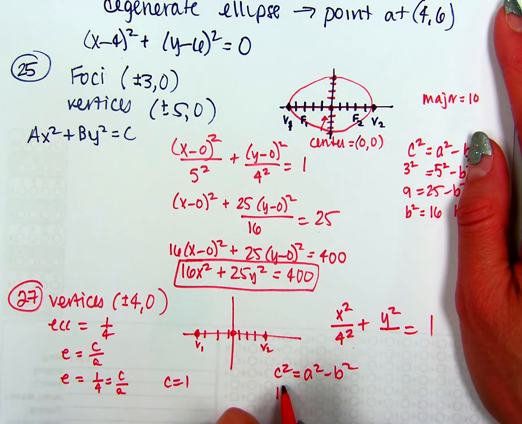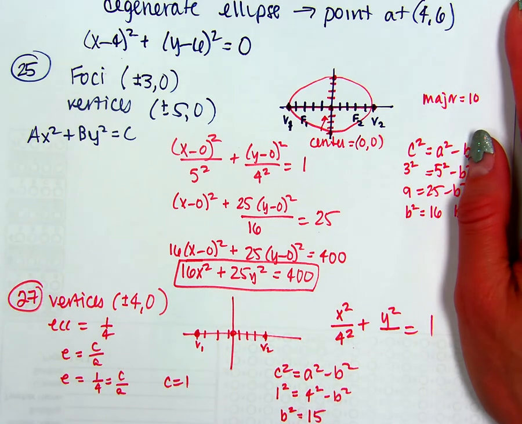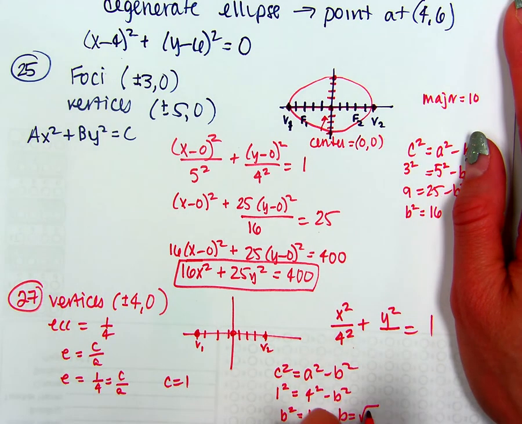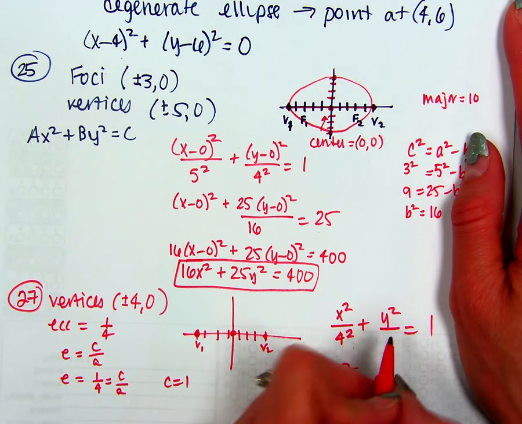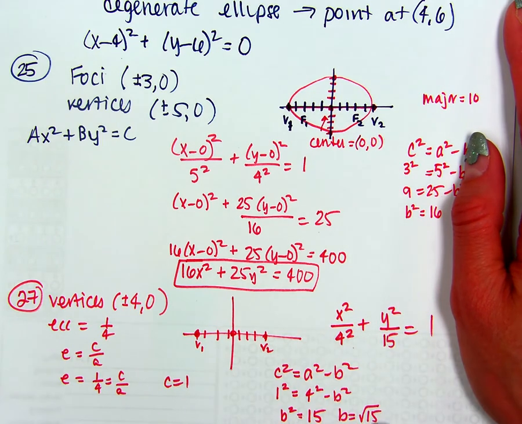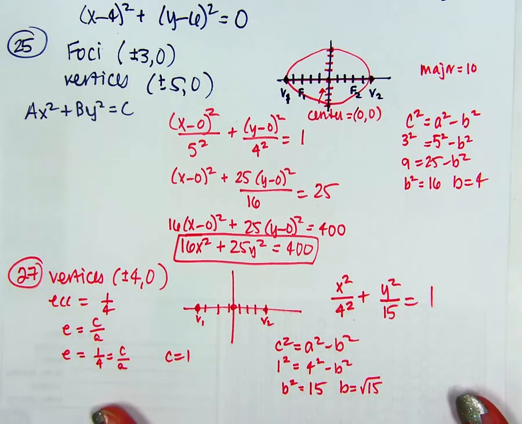So 1 squared equals 4 squared minus b squared. So b squared equals 16 minus 1, which is 15. So b is equal to root 15. So this is going to be just 15, right? Root 15 squared is just 15.